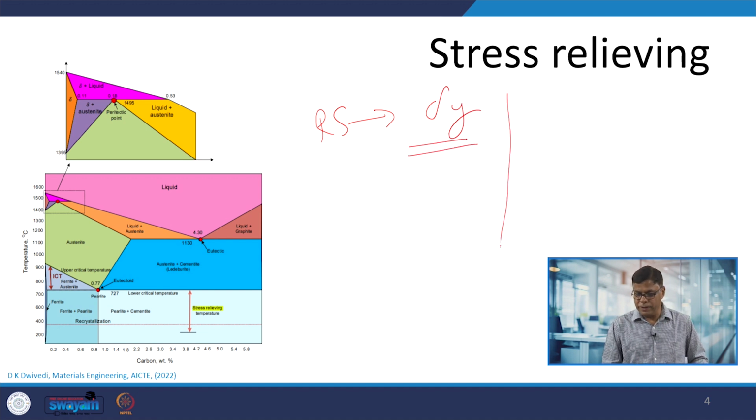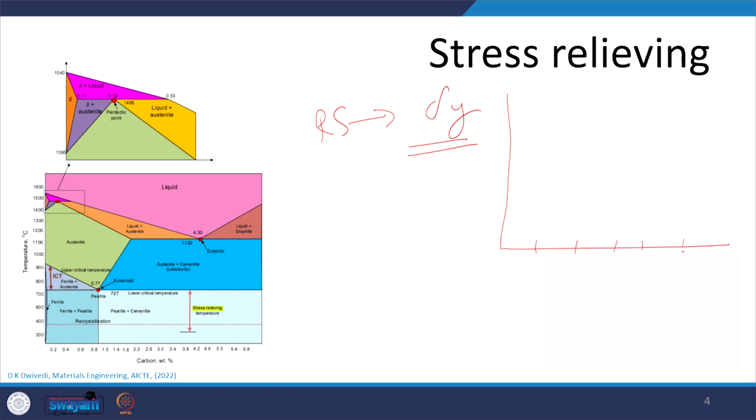Okay. So, on the x axis we have the temperature, say 100, 200, 300, 400, 500, 600 like this, and it can go up to say 700 usually, and this is the temperature at which the exposure is being given. On this side is the residual stress, where the maximum magnitude can be equal to the yield strength.